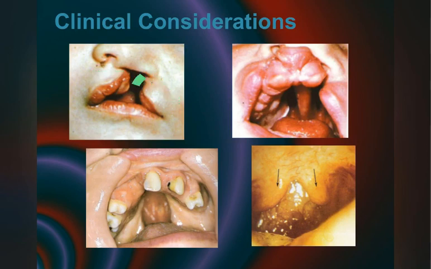And you see here there is involvement. It's not just the lip. Involvement of the alveolar bone in that region at the junction between medial nasal process and maxillary process. The unilateral cleft lip is failure of fusion between medial nasal process and maxillary process.